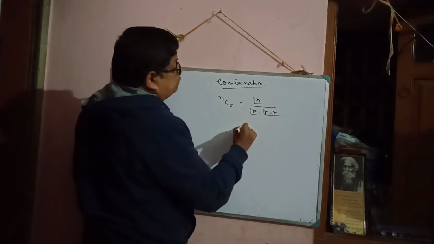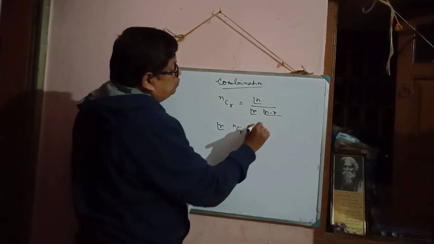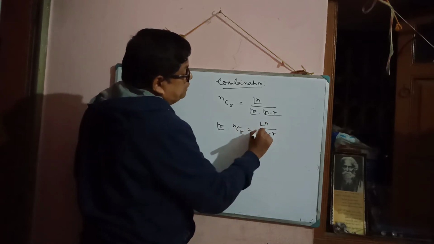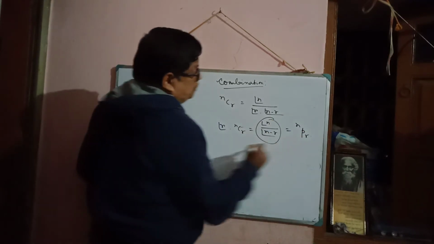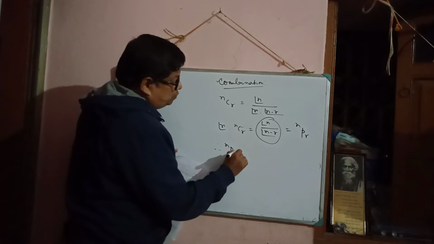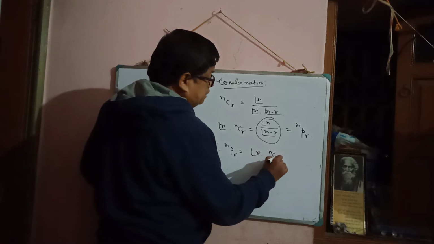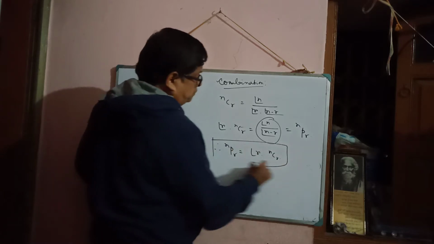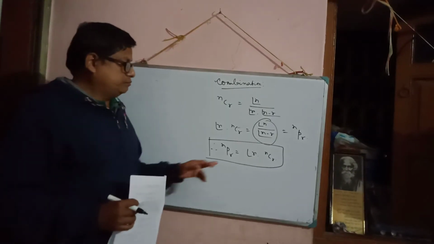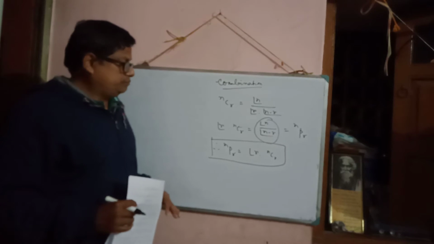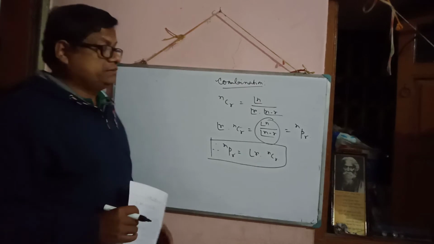For this we can write r factorial into nCr equals n factorial by n minus r factorial. All of you know this one will be nPr. So nPr equals r factorial into nCr. Note it down, the relation between nPr and nCr.